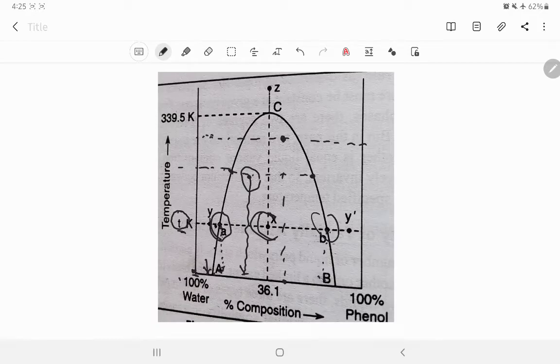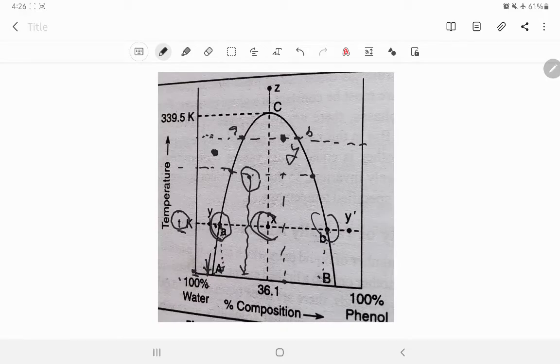At this point, suppose y, the composition of phenol in water is this A, and the composition of water in phenol is this. And as we go on increasing this, we will get a parabolic curve, this ACB parabolic curve. Outside that curve, there is only one layer.